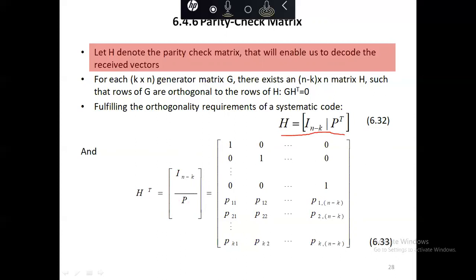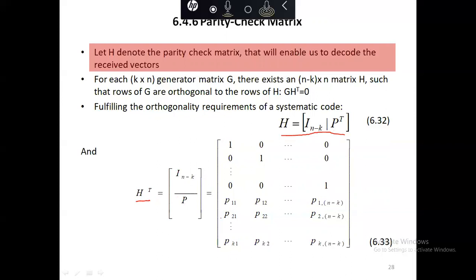H is the parity check matrix. First we write the parity check matrix as I n minus k and P transpose. So we have the transpose of this, which is H transpose, which is of the form like this.